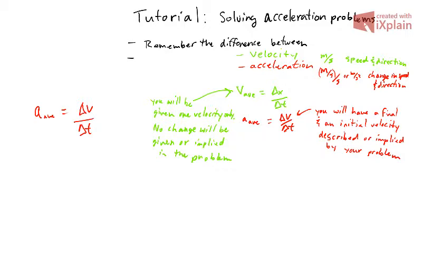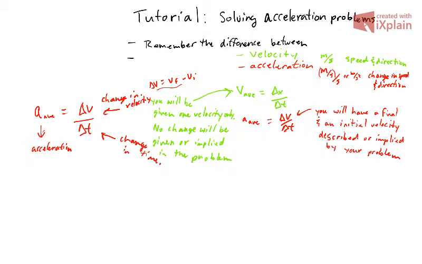There is the acceleration, there is the change in velocity, and remember a change in velocity equals v final minus v initial. You can do that in your head, or you can do that using this equation. And then you have a change in time, a passage of time.